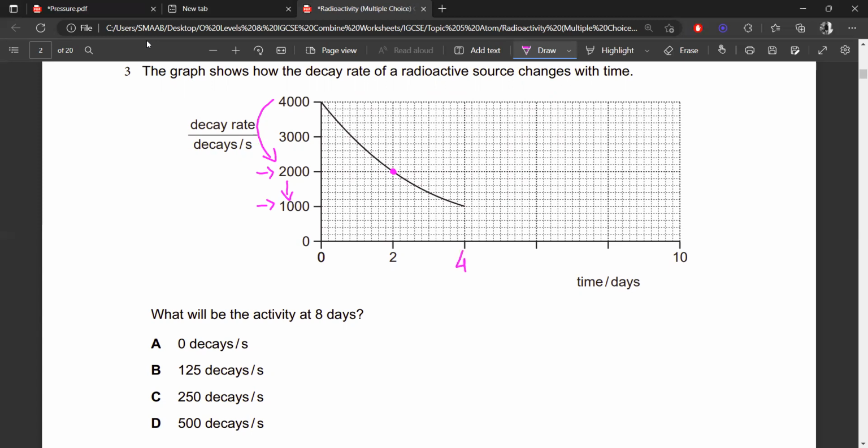Over here we have 4, 6, and 8, right? So after 6 days, we are getting the value 500, and after 8 days, we are getting the value 250. So option C is the right answer, right?